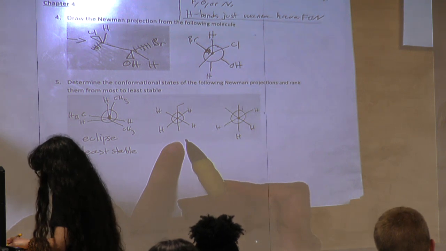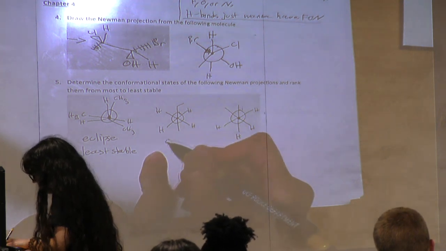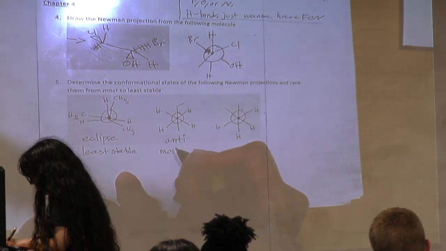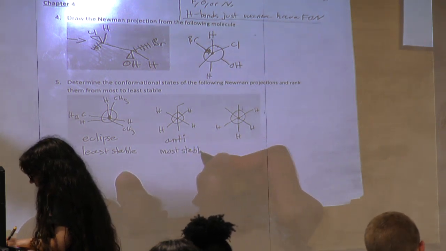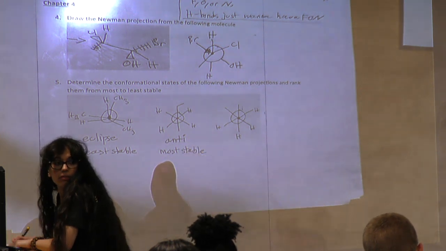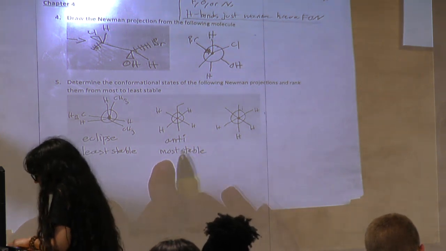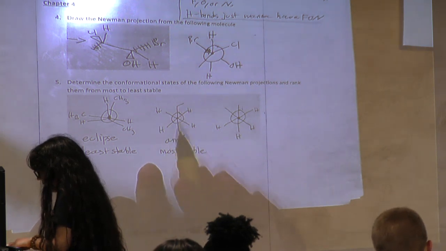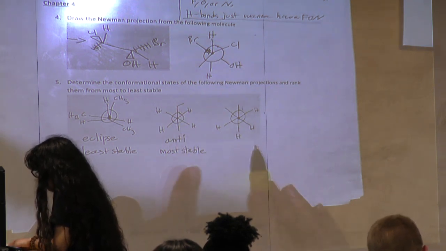Yeah, so this one, it's staggered or anti, and this is the most stable. Your professor may call it different things. So always anti is your most stable conformation.